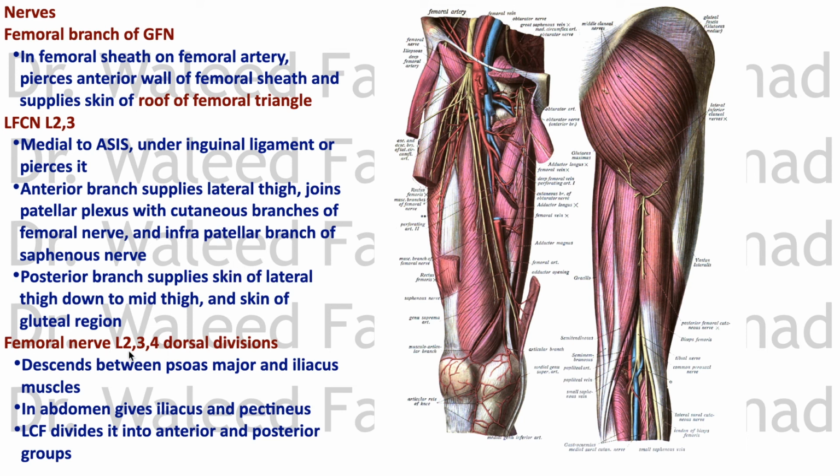The femoral nerve, on the other hand, from the L2, 3, 4 dorsal divisions, descends between the psoas major and iliacus muscles, descends in branches, by the way, not as one cord. In the abdomen, it gives branches to the iliacus and pectineus, remember that.